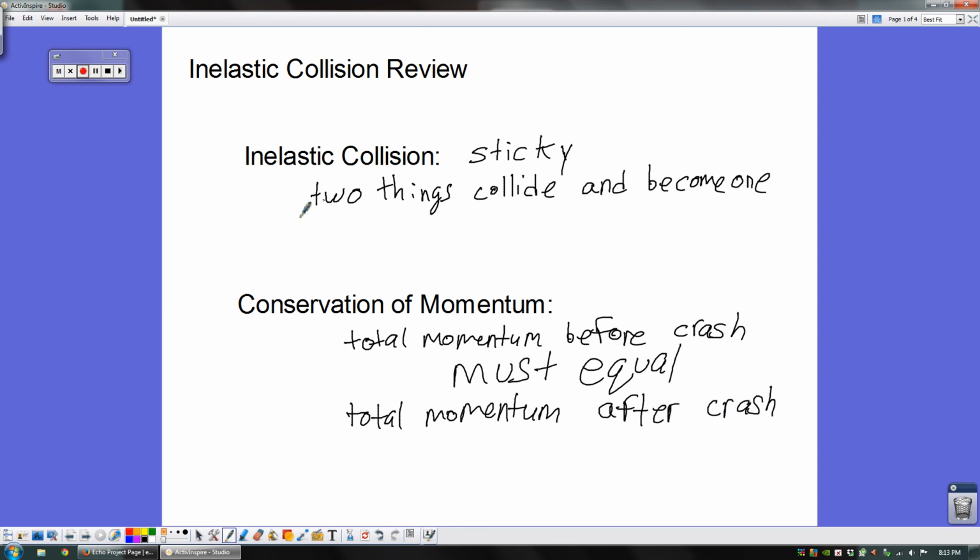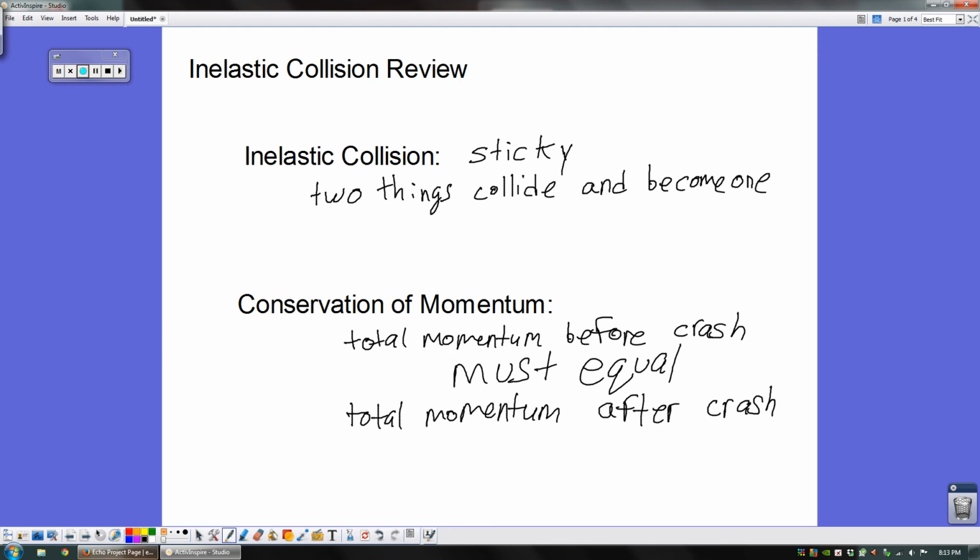So let's say before the crash, car A has all the momentum, car B has no momentum. And after the crash, they each have 50% of the momentum. The total amount of momentum is the same, even though the momentum has moved from car A into car B.